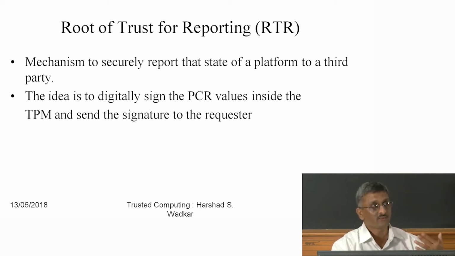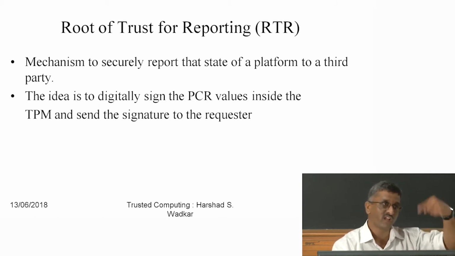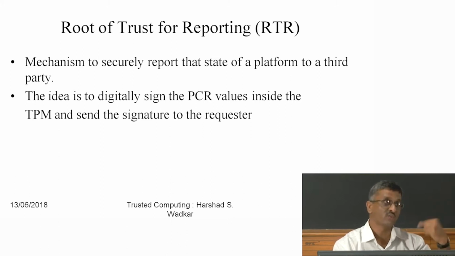For that, the first thing is a nonce is generated. I require that my system generates one random number, some nonce, that will be sent to you. Something happened on your machine, some hash is generated on your machine. That hash along with the nonce will come to me, and I will check that it is not a replay attack, that is, the same data coming to me again.